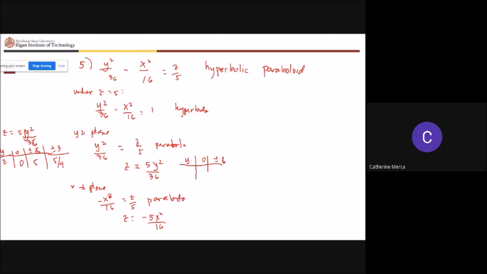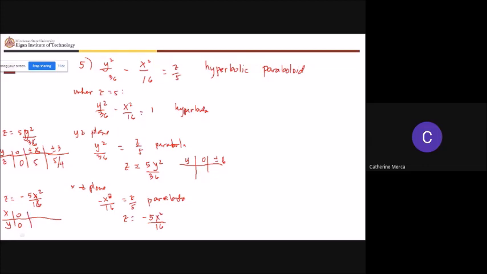On the other hand, for z equals negative 5x squared over 16, are you still with me? Yes, ma'am. We will also get points to graph. You will have x and then y. When x is equal to 0, z is 0.